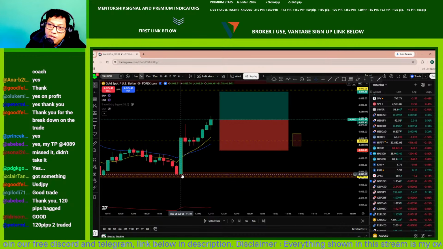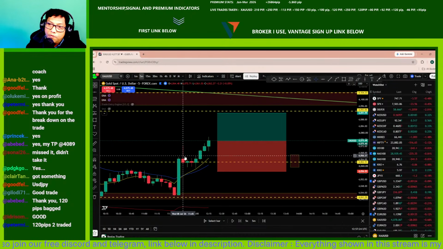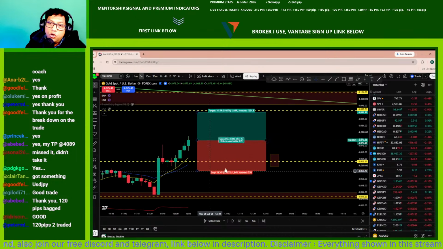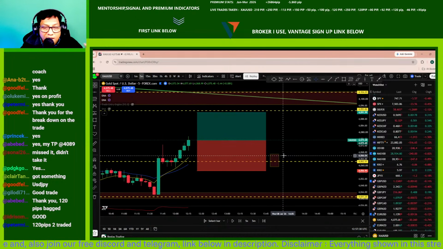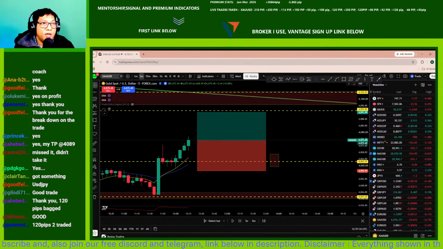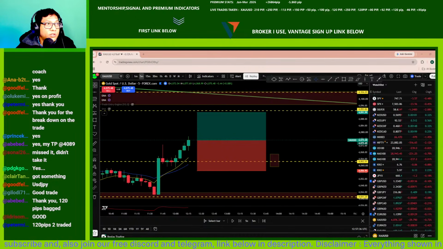What do you see? A big green candle followed by 3 narrow red candles. This is what I'm teaching in the group, what I'm teaching our members every single day to learn and grow as a trader.